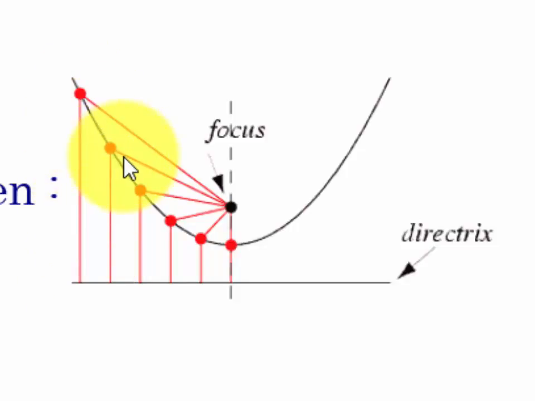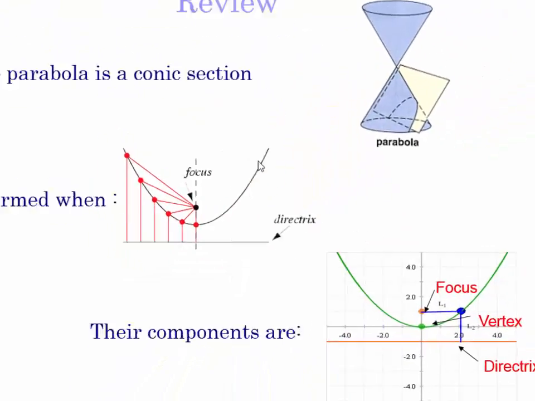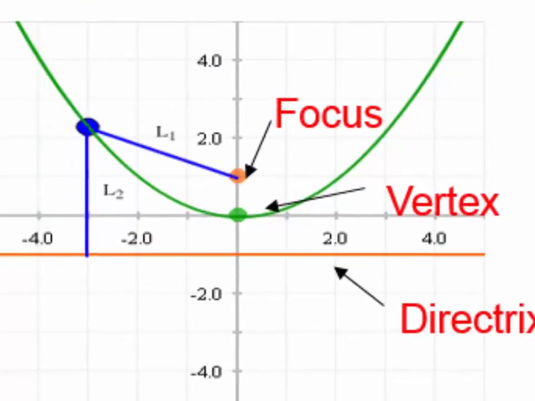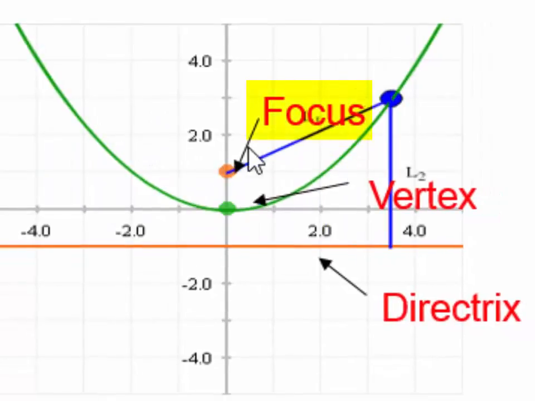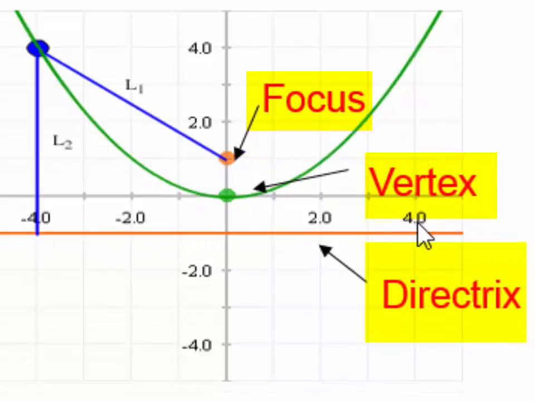If we join all of these points, we will form a parabola. And we have three important elements or components of the parabola: the focus, the vertex, and the directrix.